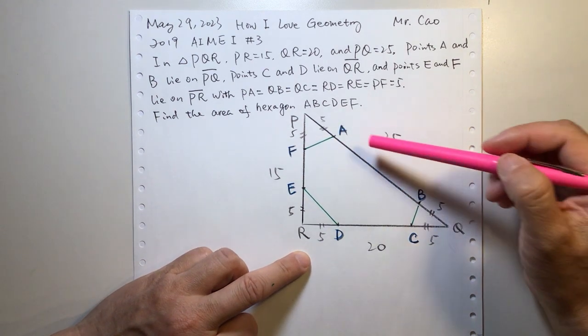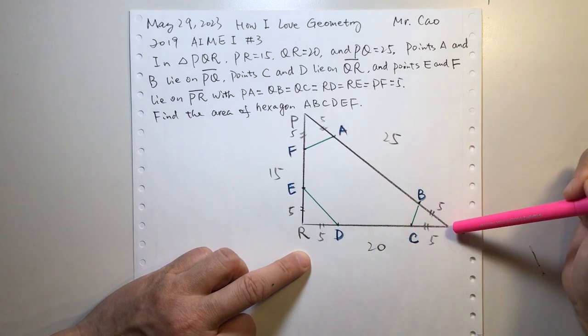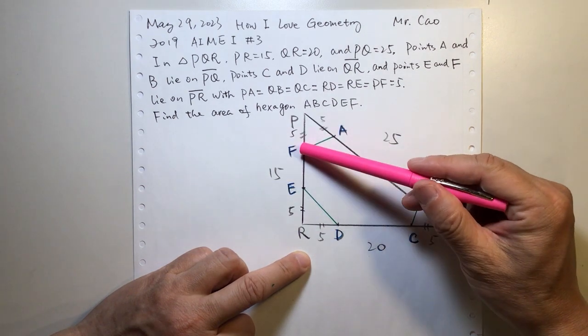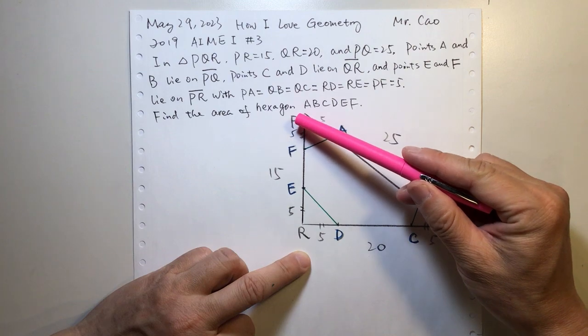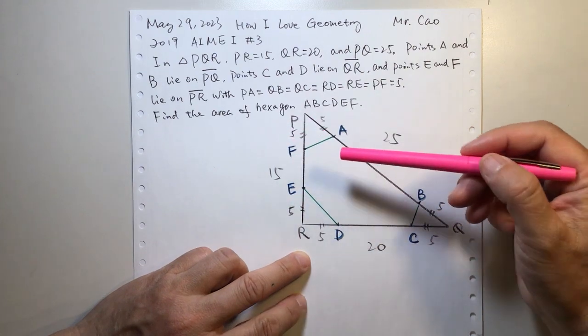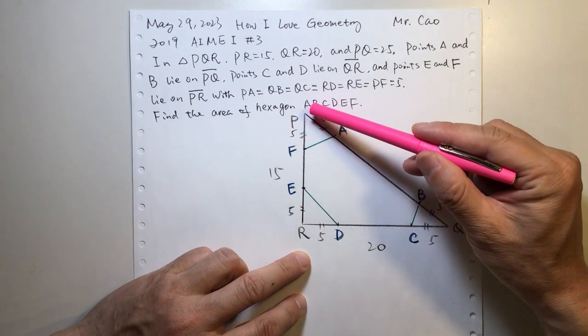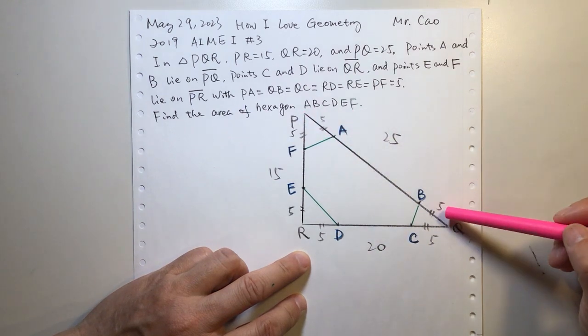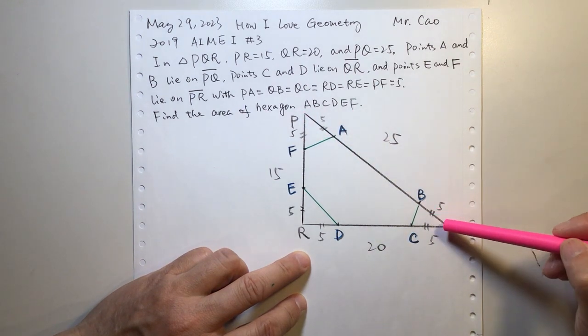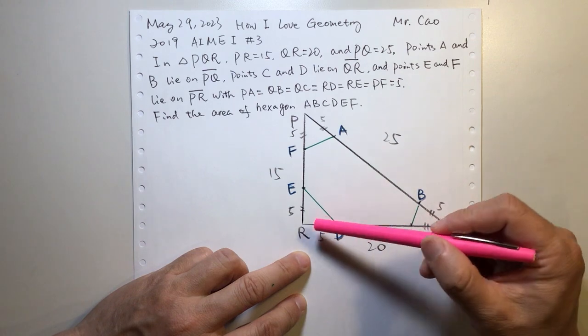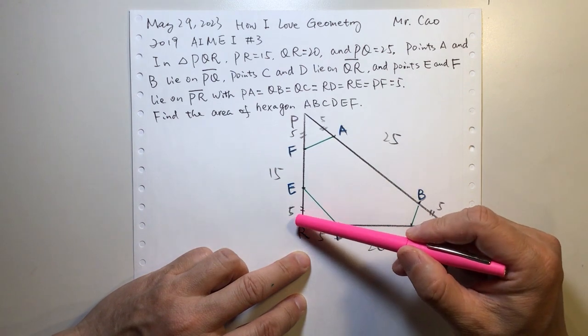AB is on the side PQ, CD on the side QR, EF on the side PR, and PF is congruent to PA, congruent to QB, congruent to QC, congruent to RD, congruent to RE.